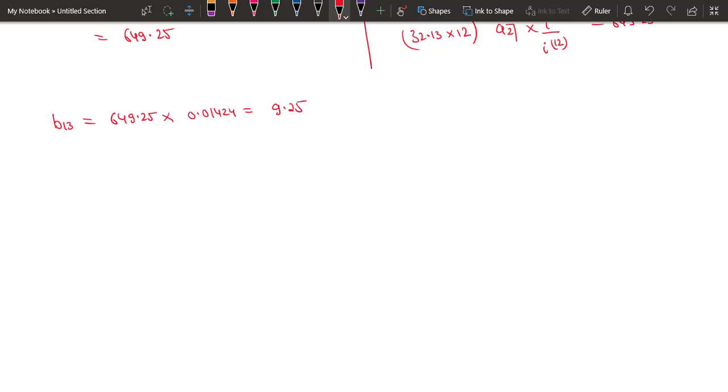This amount will be 9.25. So this is the interest part in the 13th installment. Now to calculate F13, which will be X13 minus D13. F13 is the capital part in the 13th installment. We know the installments are 32.13 every month and the interest part is 9.25. So the capital part in the 13th installment is 22.85.